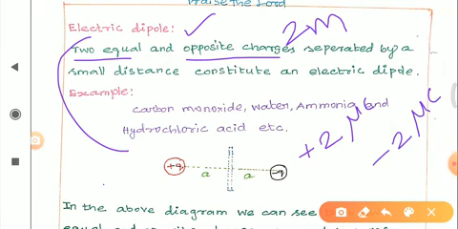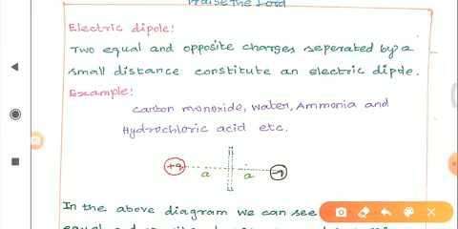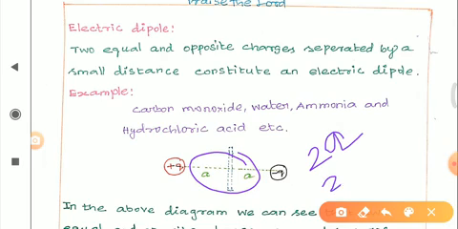Otherwise we can imagine plus 6 microcoulomb, another one minus 6 microcoulomb. So this is equal and opposite charges if they are separated by a finite or small distance. Dipole distance is represented by 2a, otherwise 2r, otherwise 2x.